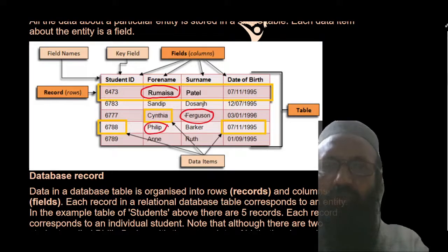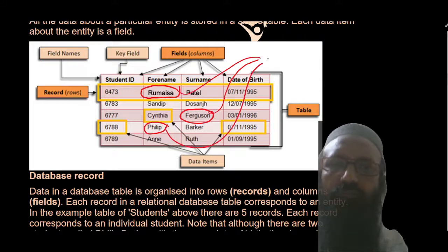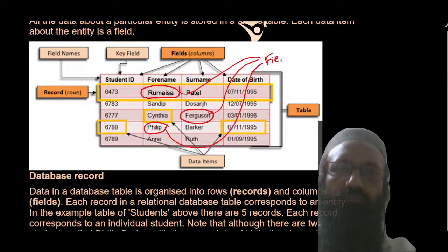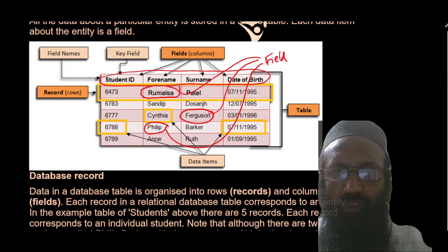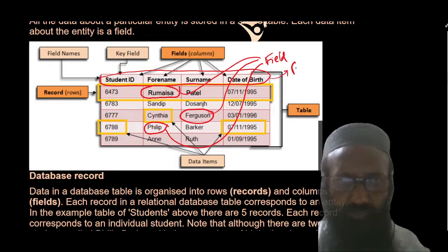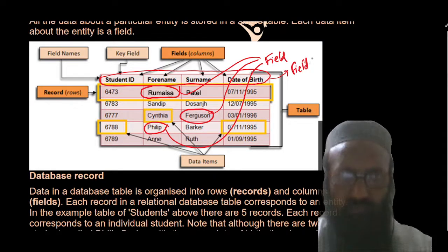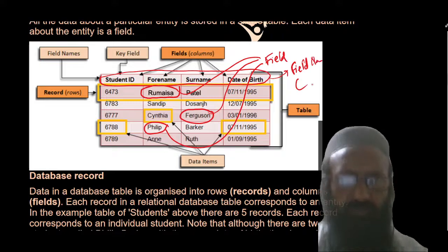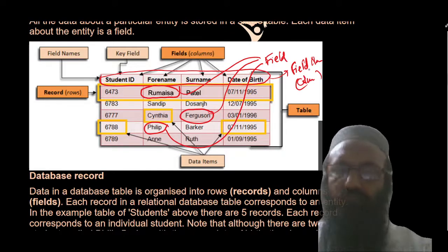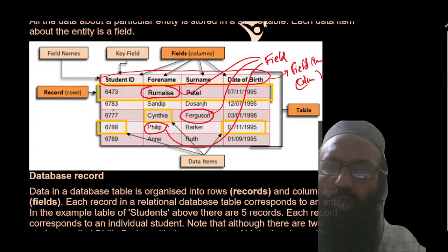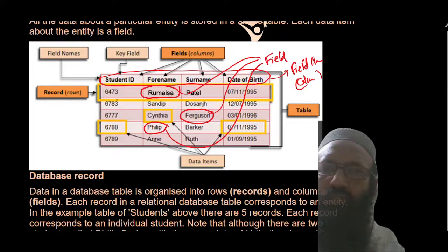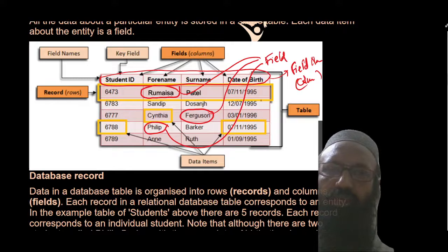Any single piece of data is known as a field. And the titles of the fields, basically these are columns, these titles are known as field names. Acha, all fields related to each other are known as a record.